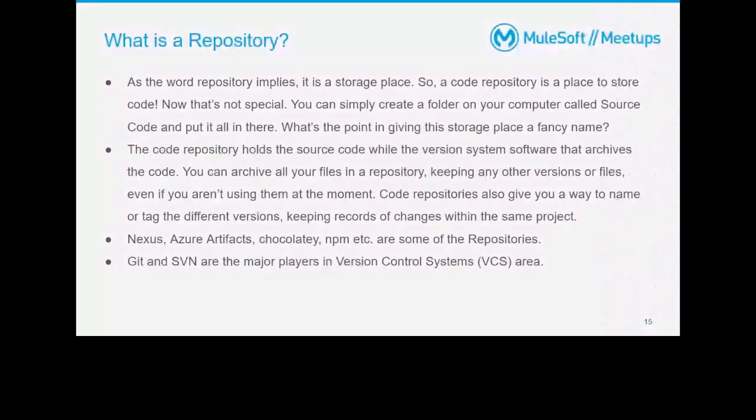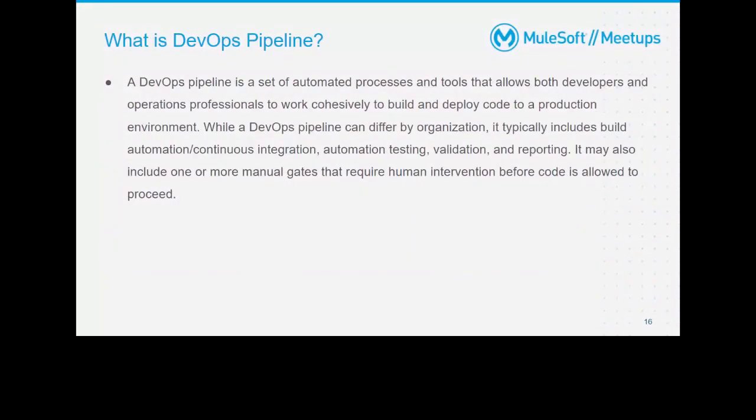So let's understand what a DevOps pipeline is. It's an automation process where, with the help of tools, we can simultaneously build and deploy our code. There is an option in Azure DevOps to automate the triggering: once you push your code to the repos, it will automatically start triggering the pipeline to deploy.